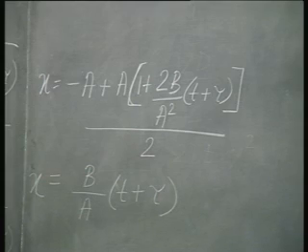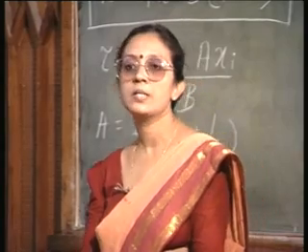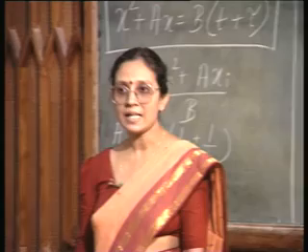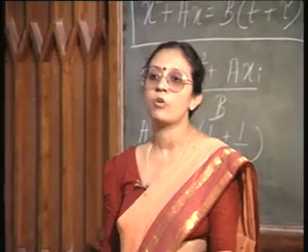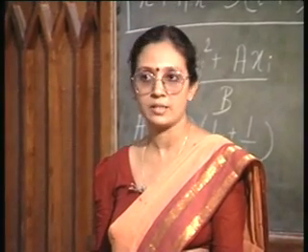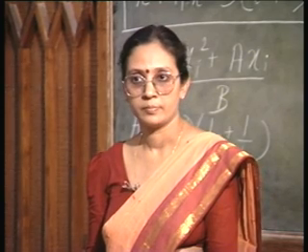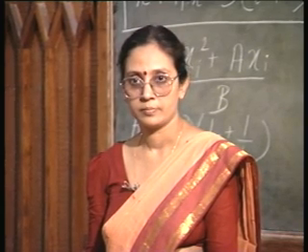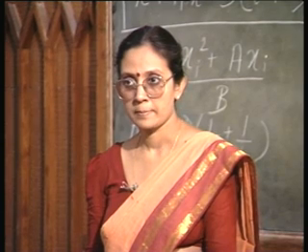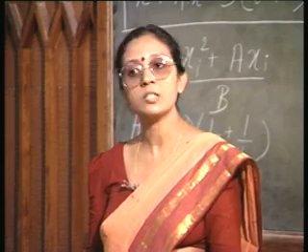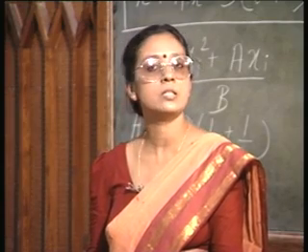In other words, when the oxidation time is really short, so that this term 4B by A square into (t plus tau) is much smaller than 1, the oxidation follows a linear growth rate curve. x is linearly proportional to time. That is one end of the spectrum, one limiting case, when t is very small.